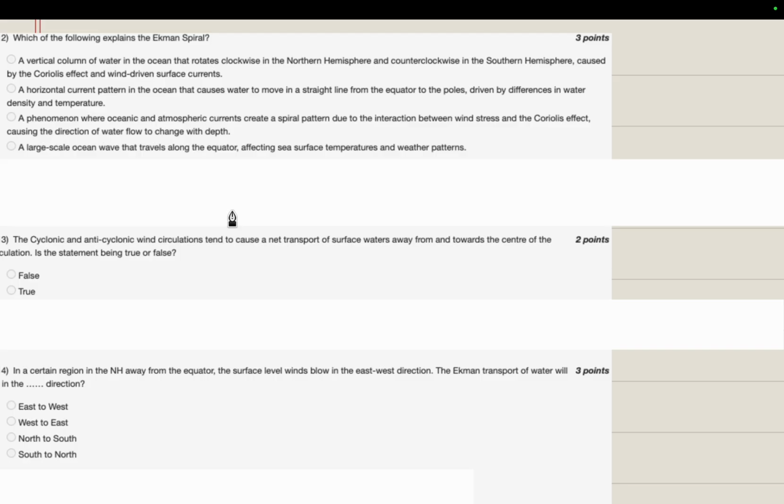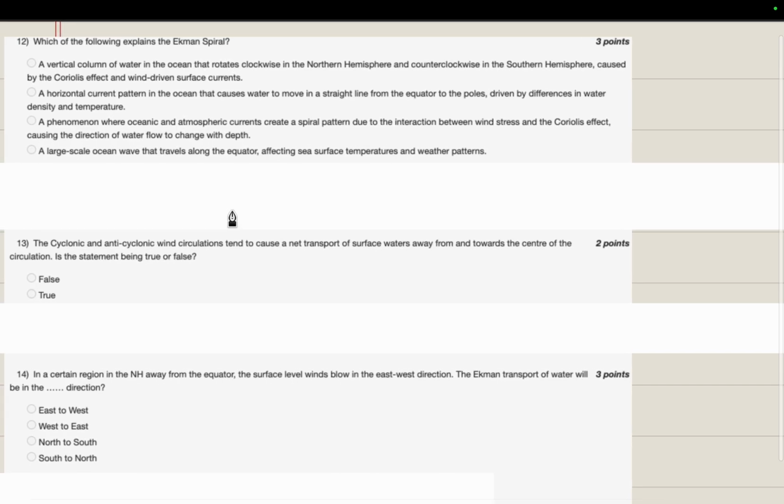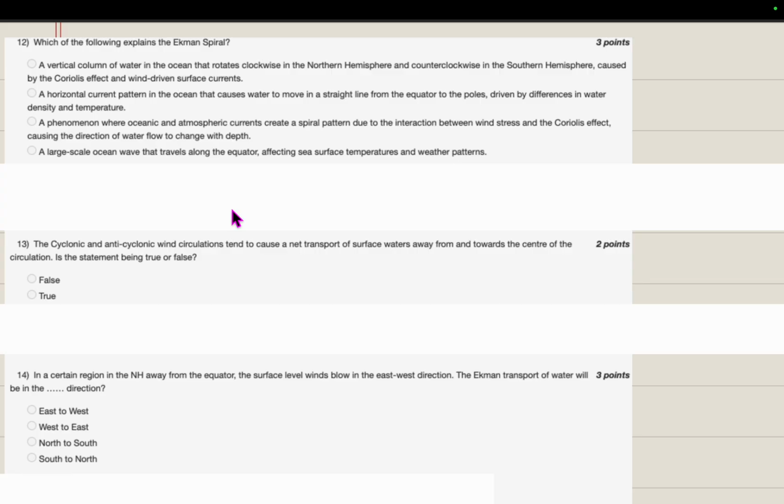So, which of the following explains the Ekman spiral? Is it a vertical column of water in the ocean rotating clockwise in the northern hemisphere and counterclockwise in the southern hemisphere due to the Coriolis force and the wind driven ocean current? Is it a horizontal current pattern that causes water to move in a straight line from the equator to the poles, driven by differences in water density and temperature?